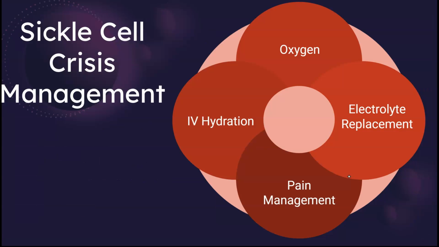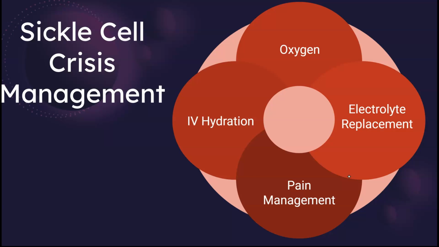If you do have a patient who is having a sickle cell crisis, we're going to stick here on these three in our management, where you're going to give the patient oxygen, IV hydration, and pain management as needed. Okay, we aren't going to fiddle with the electrolyte replacement, because even if you asked for permission, most of the time the doctor's not going to give you electrolytes.